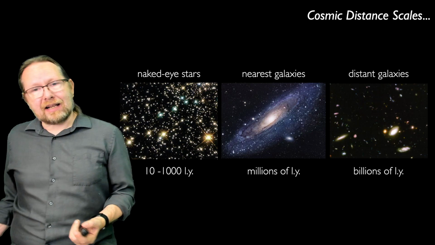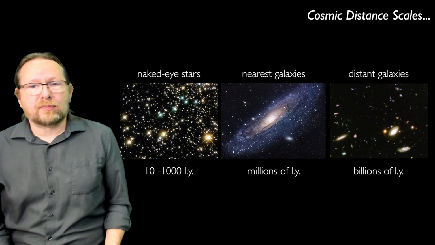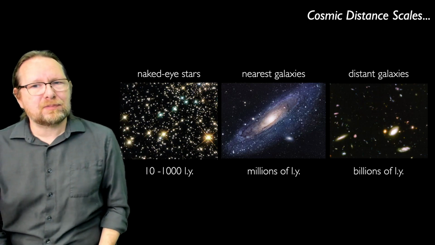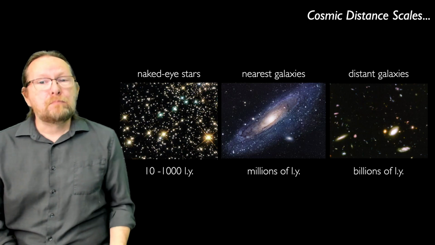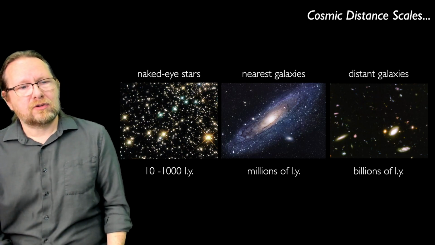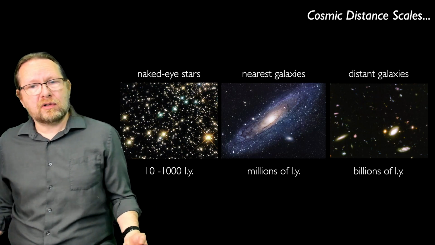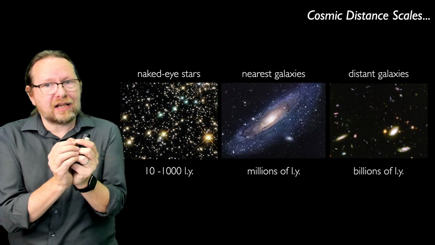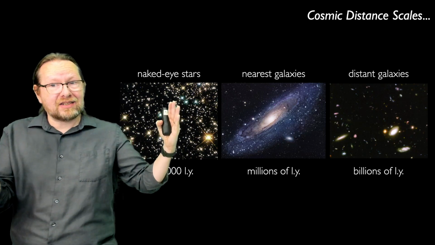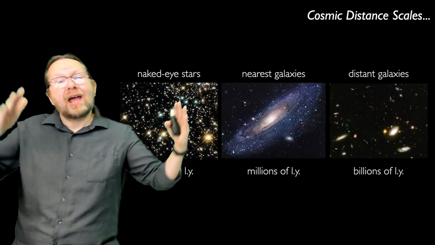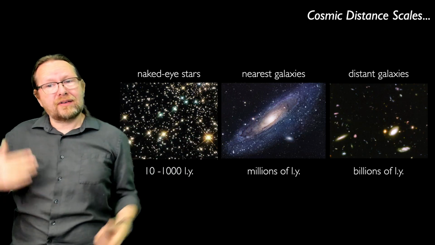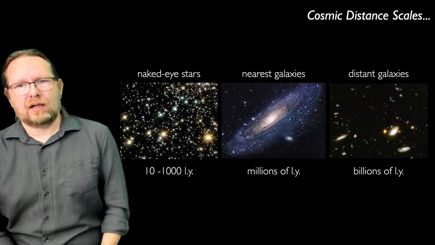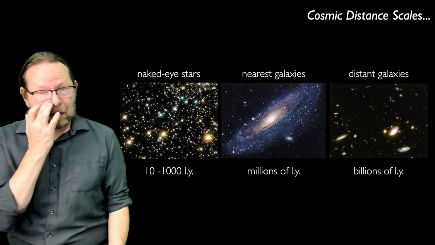The distant galaxies that we can only see in our most powerful telescopes and show up as tiny, tiny specks, even in the Hubble, are billions of light years away. So the scale of our universe within galaxies is thousands of light years. Between galaxies is millions of light years. And the universe as a whole, the distance scale is billions of light years. Okay?